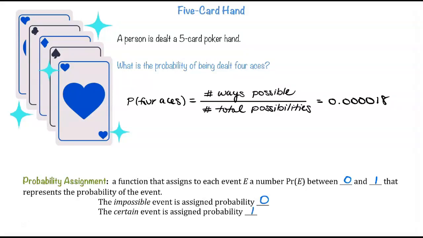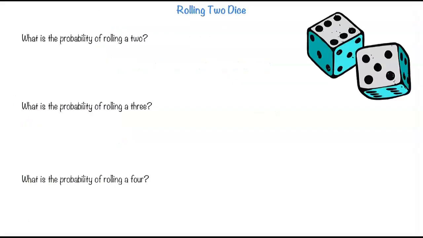Now let's switch from poker hands to rolling dice. Let's first calculate the probability of rolling a 2. Remember that we calculate probability by taking the number of ways that that event can happen and dividing by the total number of possibilities. How many different ways can we roll a 2? That's how many different ways can the dots on the dice add up to 2. There's only one way that can happen.